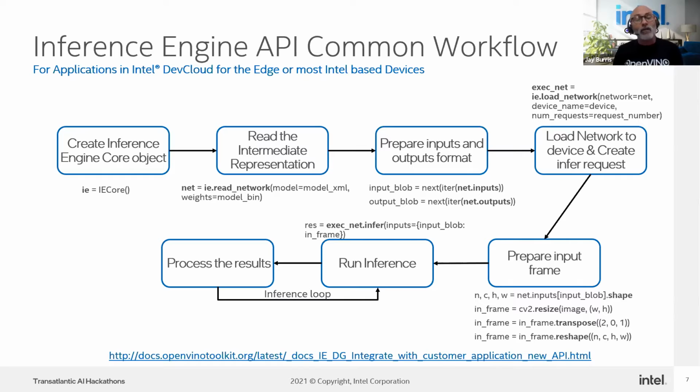You prepare the frame for how the model expects the input to be, meaning the image sizes, whether it's RGB or BGR, and you may have to modify it using OpenCV, which is the open source computer vision library. You may need to resize it, transpose it, or reshape it. And then you run the inference with the exec infer command. You process the results, and that becomes an inference loop.